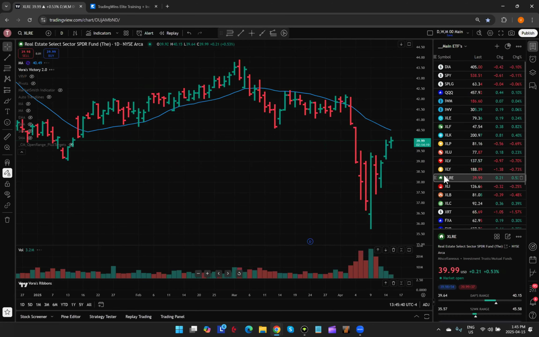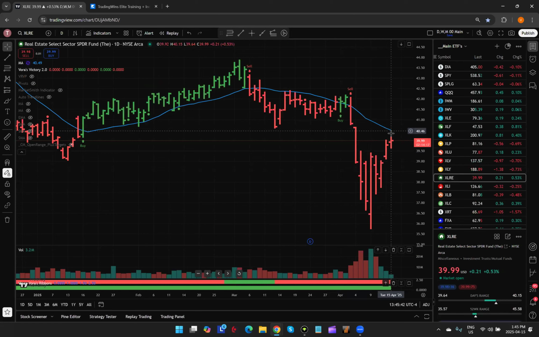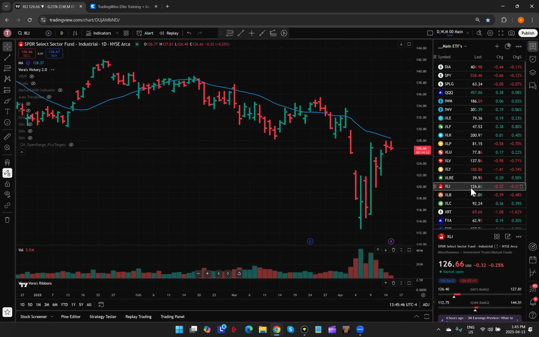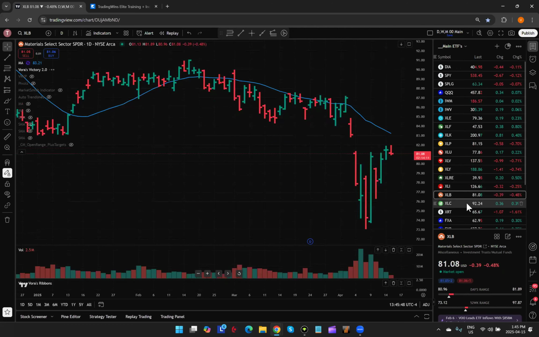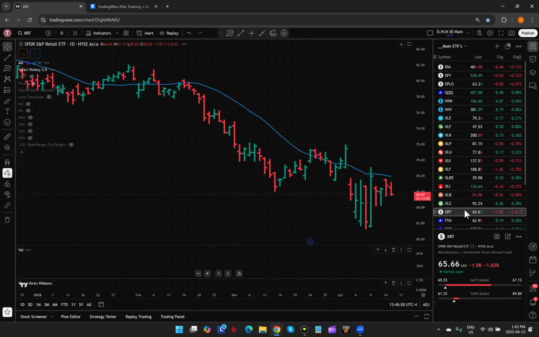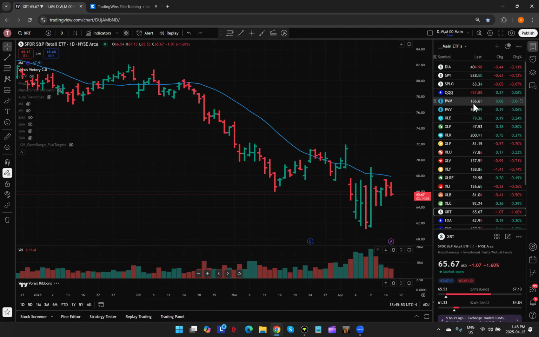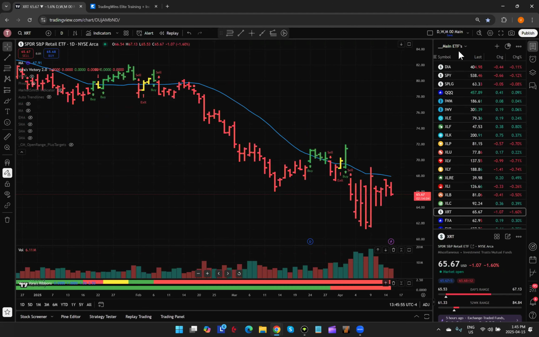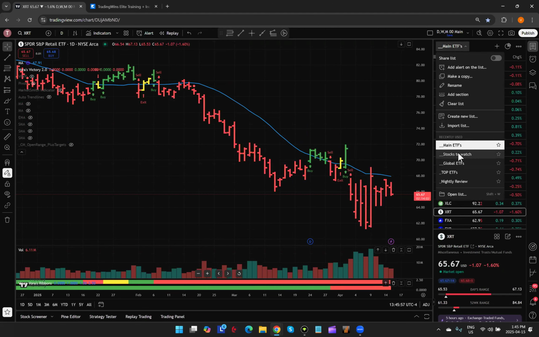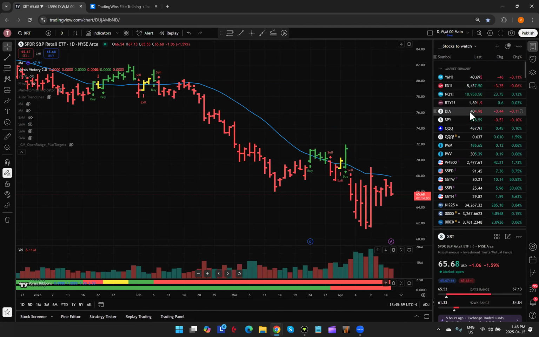Real estate, giving it a try here, but still under the 20. Industrials below, materials, communications, retail, all of them. So for the most part, we are sitting below the 20 in bearish territory on the near-term charts. The weeklies also, the majority of them are below the 20.